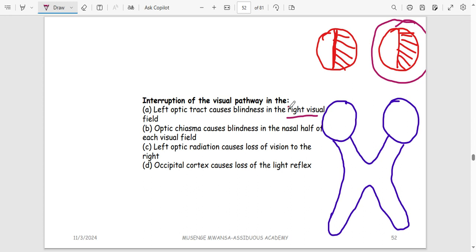That is why for this option, since it's just saying right visual field, it means the entire of this part, but then it's not entire. It's supposed to be the right halves of each visual field, not really the right visual field as in this one.